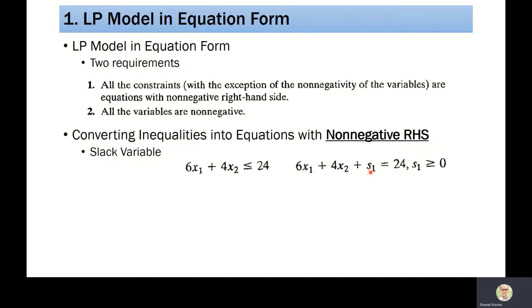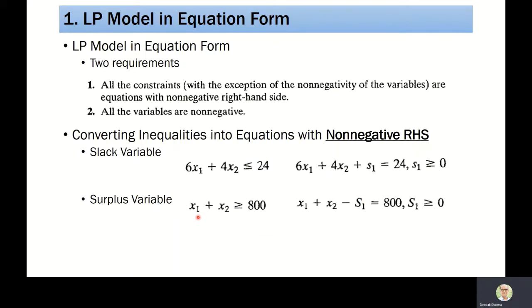This slack variable says that if the left hand side is smaller than the right hand side, the slack variable will become non-zero. And we have 24 on the right hand side. When adding this slack variable, we should make sure it is non-negative, so S1 greater than or equal to 0 is the non-negativity condition.